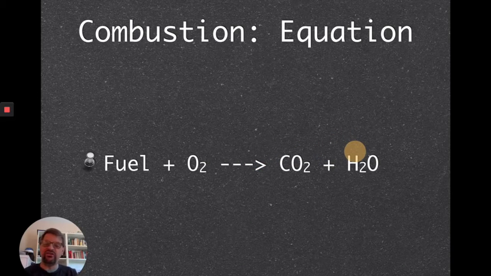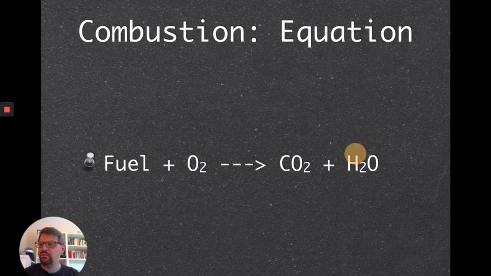Okay? So if I say, hey everybody, write out an equation for the combustion of octane, you would write the formula for octane, O2, CO2, H2O. Simple as that. And then you have to balance the equation.